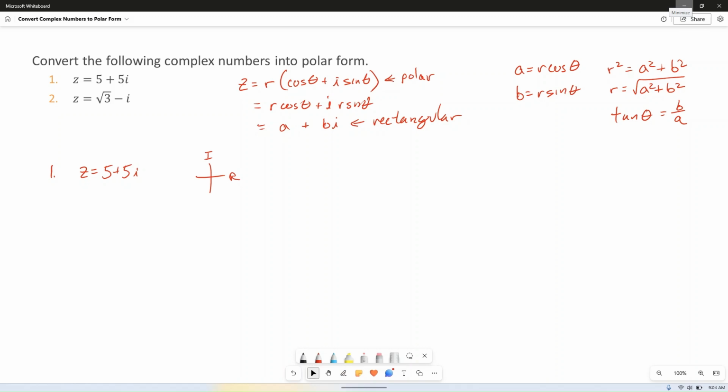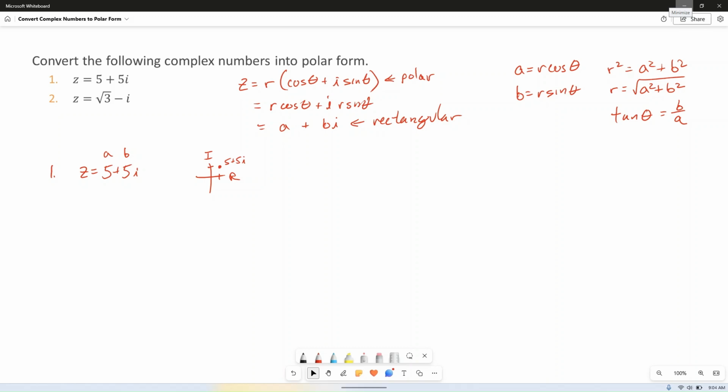And in this point, for this complex number 5 plus 5i, the a is 5 and the b is 5. So that means it goes 5 units to the right and 5 units up. And so 5 plus 5i is a complex number in the first quadrant. Okay, so we want to know what quadrant it is because that's going to help us determine the angle eventually.